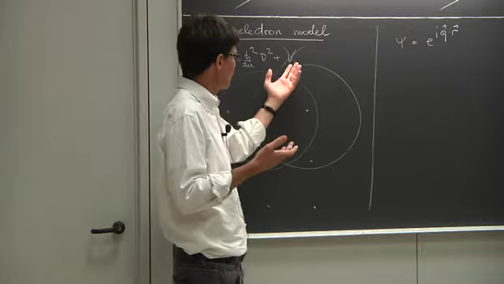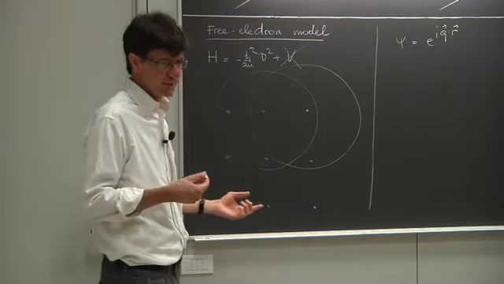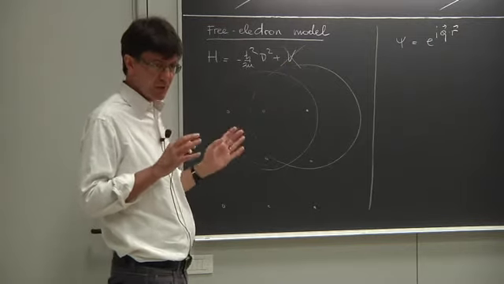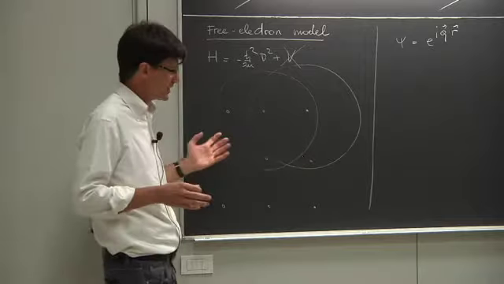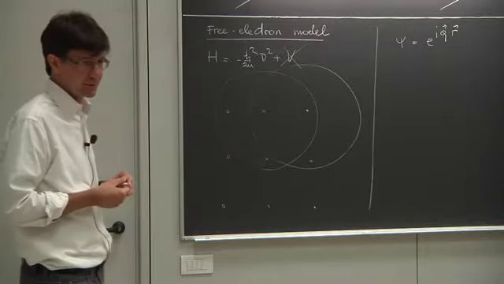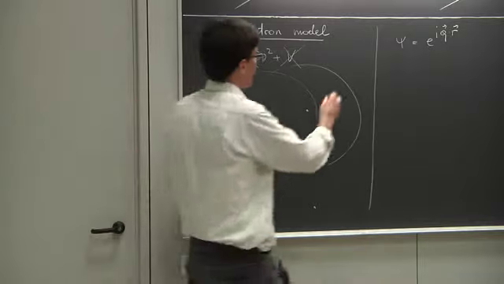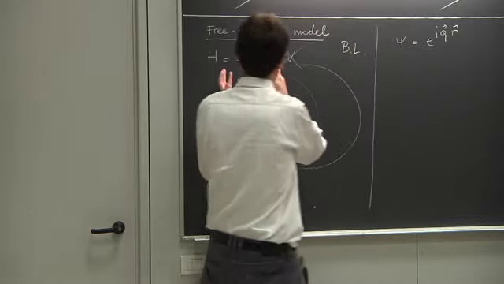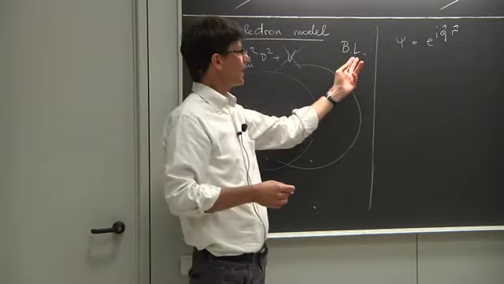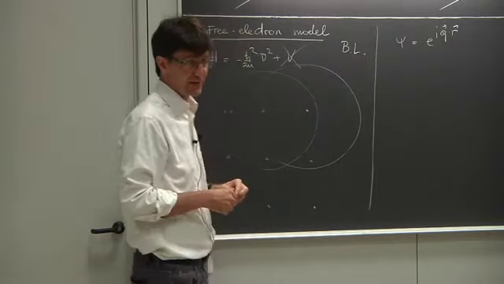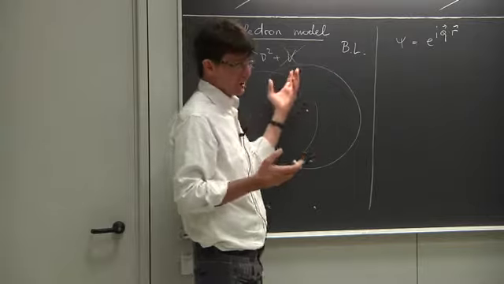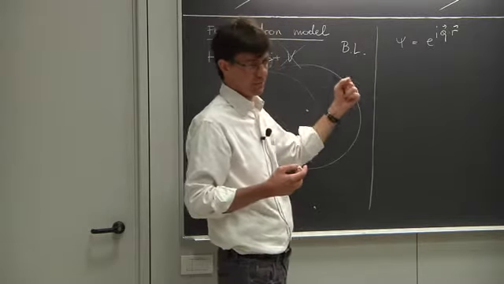But in addition to that, it also has the discrete symmetry of the lattice. So in principle, solutions of the problem with V equals 0 must obey Bloch's theorem for any Bravais lattice, in particular for the one that we're dealing with. Suppose we are in a Bravais lattice, the potential is 0, and now we're going to classify the solutions of the free electron problem according to Bloch's theorem with this Bravais lattice. We can do that, right? Because a constant potential is a periodic potential, so it must satisfy Bloch's theorem.